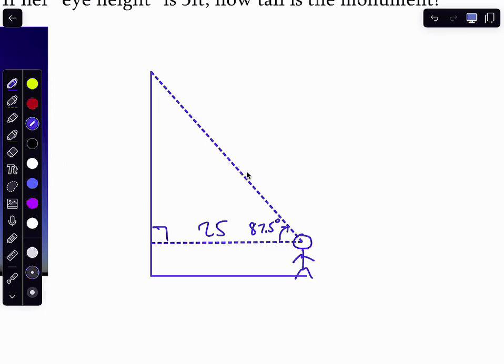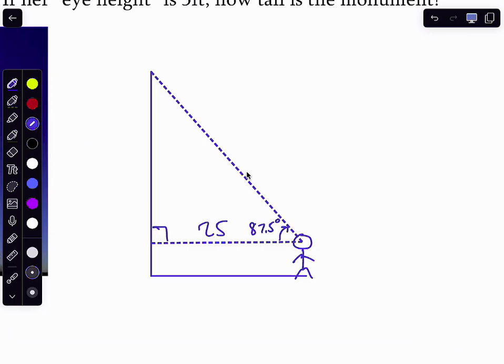You can do this with more scientific equipment. But a simple protractor like you used in grade school would measure that angle. You just look at it and rotate your head and see what that degrees is, and you might estimate it, but certainly you could use technology to get that more accurate.